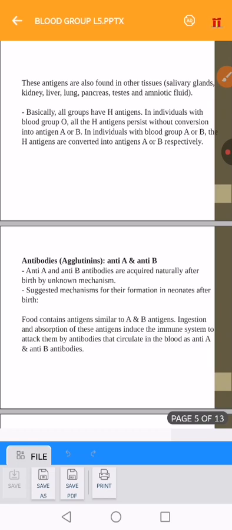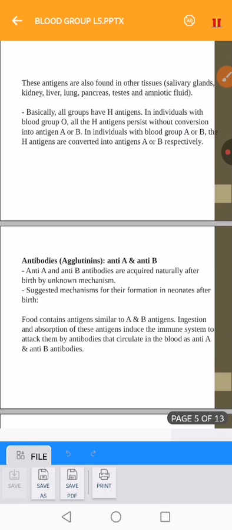When we say antibody, that means antibody against antigen. Anti-A and anti-B antibodies are acquired naturally after birth by an unknown mechanism. Anyone after birth acquires antibody against either A or B according to the blood group.